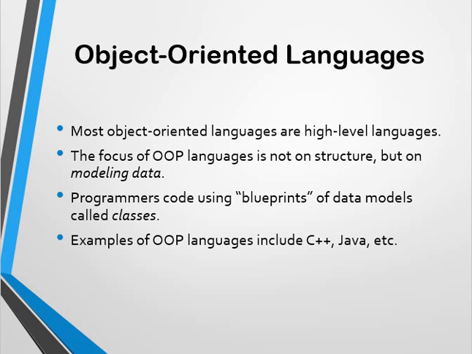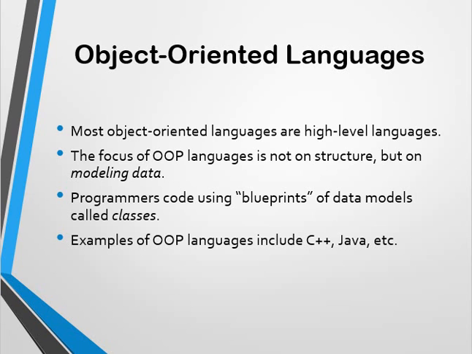Therefore, in object oriented programming, an object represents an entity that can store data and has its interface through functions. So, in an object oriented programming language, the data and the functions that act upon the data are defined.